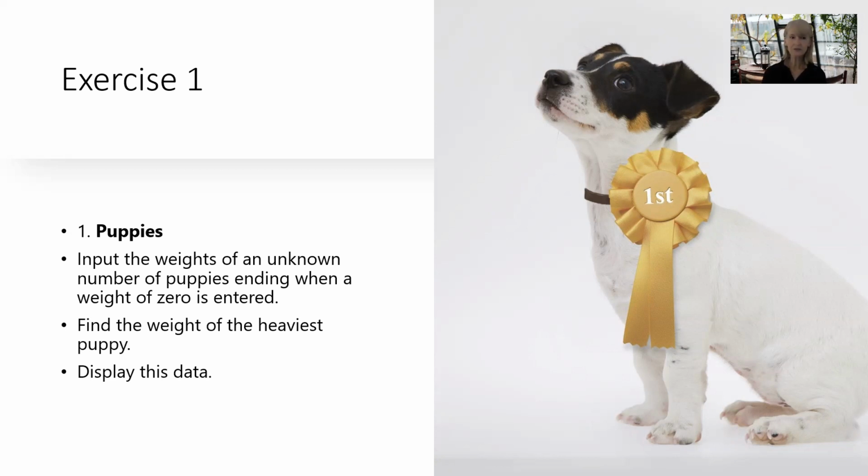You're going to need to declare an integer for the weight and another integer for the maximum weight, call it max weight. And you will need to input the weight, then do your while loop, do an if statement, etc. And I will show you the solution on the next page. So you can unpause when you're ready.